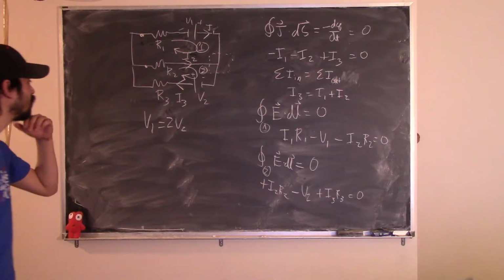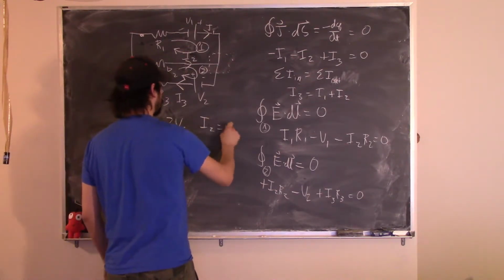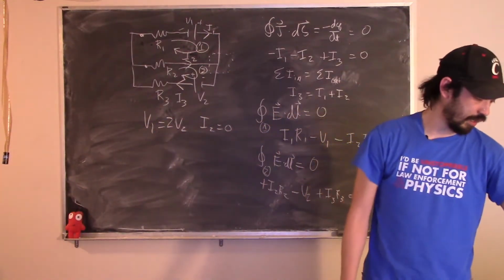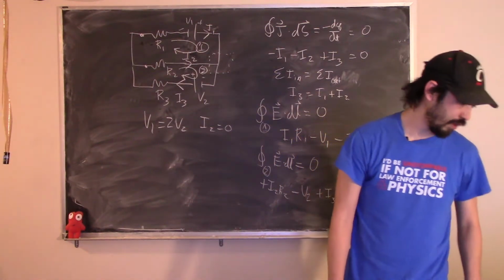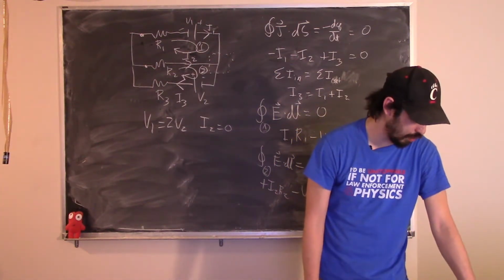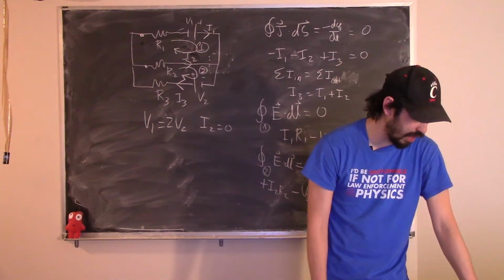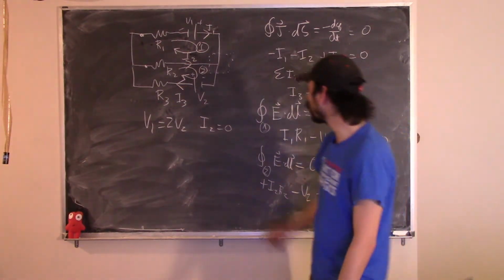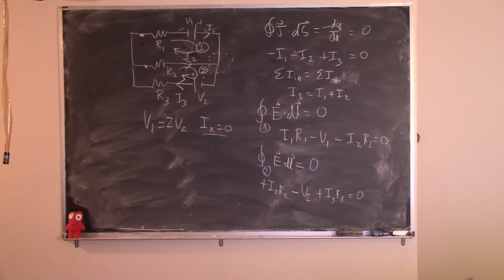The second condition is to say that I2 is equal to 0. And no current flowing through the resistor R2 says that I2 is equal to 0.